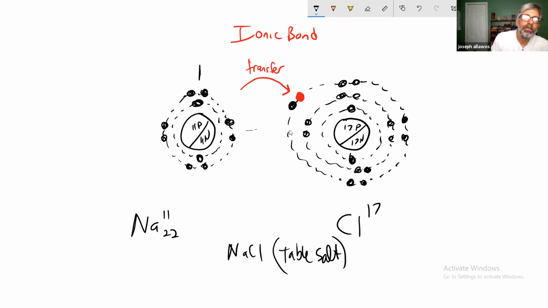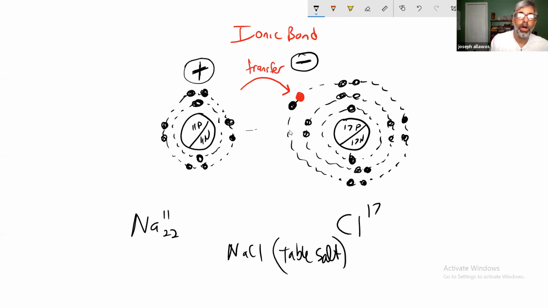What that means is this side of the sodium is positive. Okay, it has a positive charge. It's just the opposite over here. Here we gained a negative charge. We have 17 protons and 18 electrons. So this is negative. And what do you know about opposites? They attract, right?